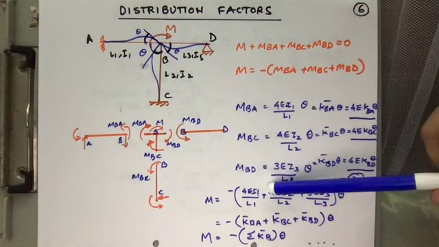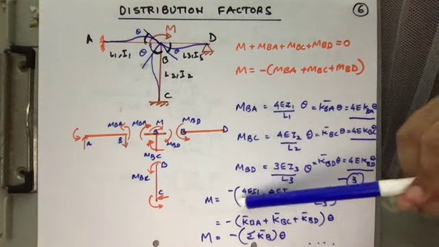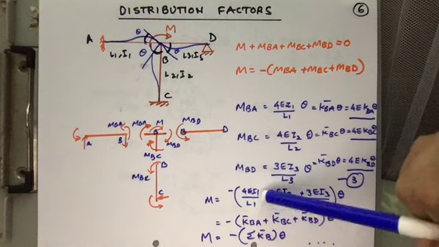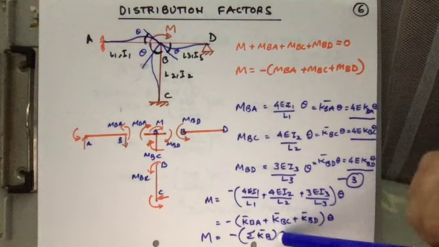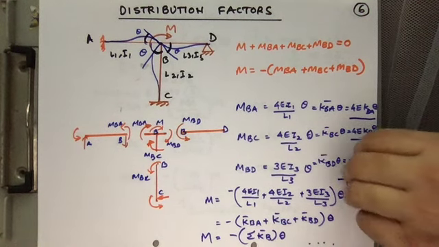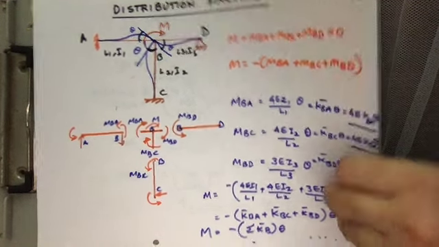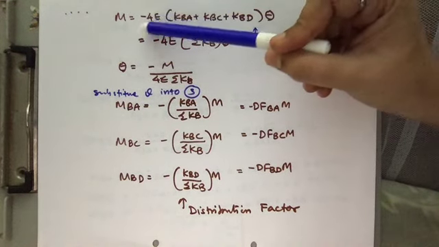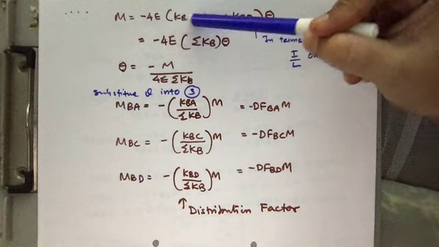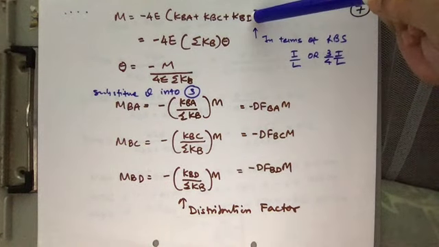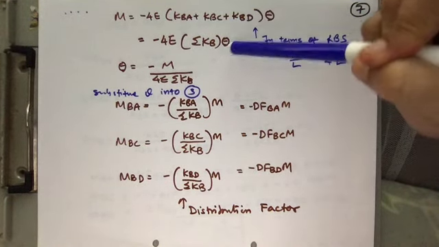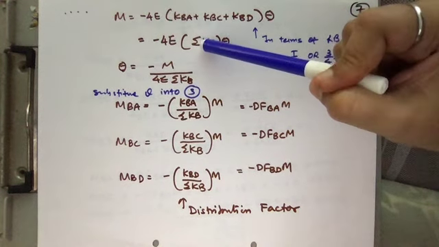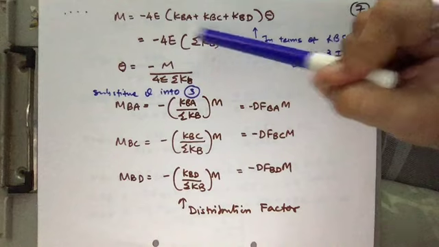So substituting this into this equation, we get this, and M we can write in the form of bending stiffness, and then we can write the same equation in the form of relative bending stiffness as well. If we take out this minus 4E outside, we get in the bracket the relative bending stiffness, which we have just defined.